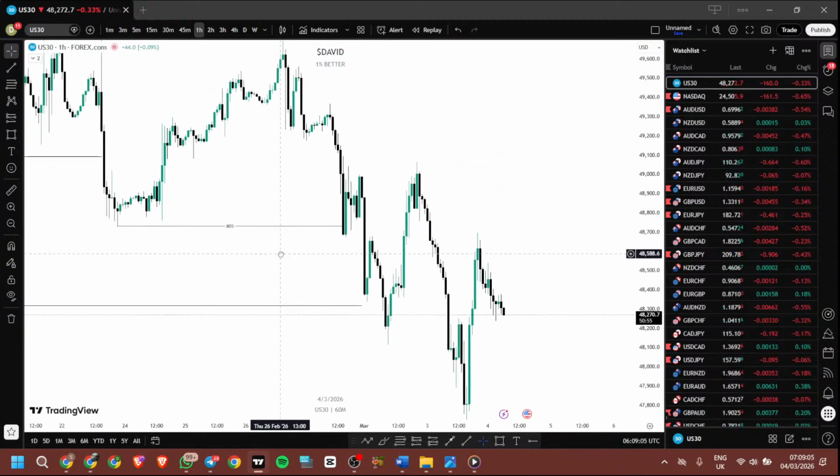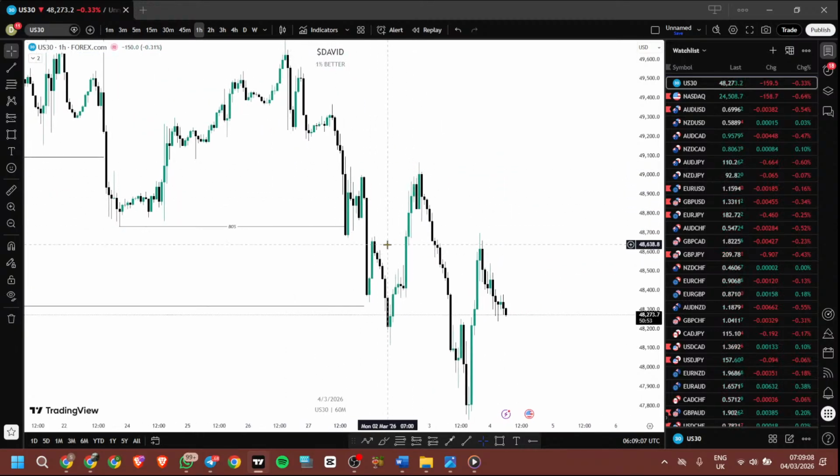So let's go lower. We had a break, we had a what? A pullback, right? Which is this zone. This will be like our inducement. This will serve as our inducement. Liquidity. Right?